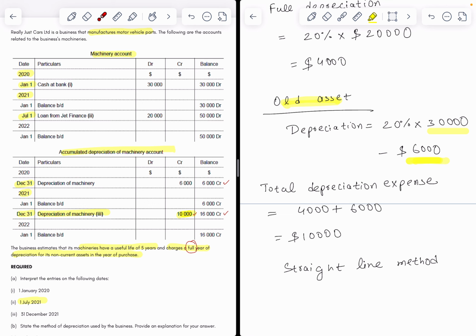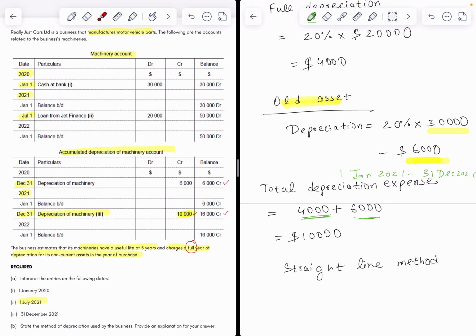How? So if you want to find the total depreciation expense for the second financial year, which would start on 1 Jan 2021 and end on 31 December 2021, you have got $4,000 for the new asset and then an additional $6,000 for the old asset, which we bought in the previous financial year, being depreciated at the same rate and therefore having the same depreciation expense amount.